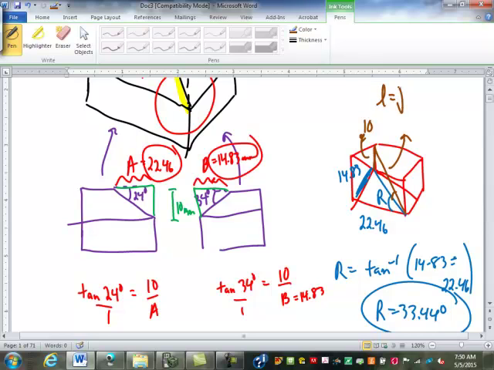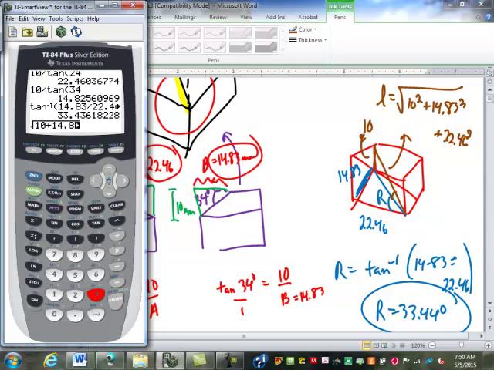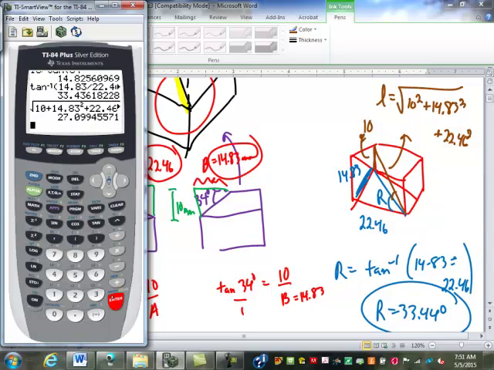I'll call that L would be the square root of 10 squared plus 14.83 squared plus 22.46 squared, correct? Which equals 27.10.